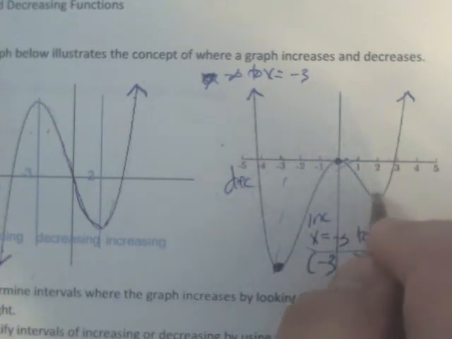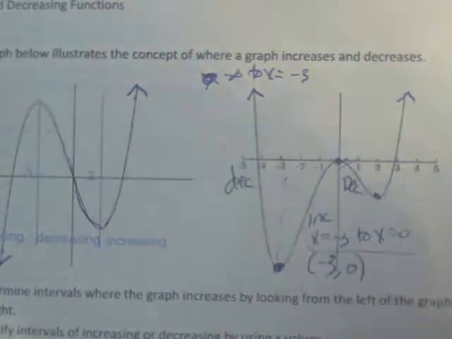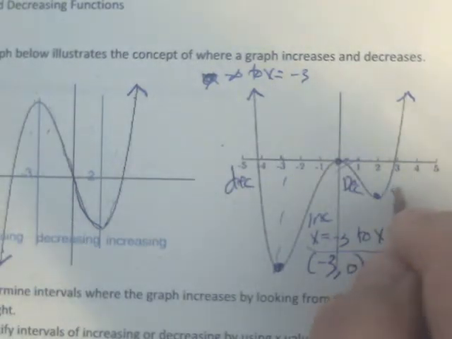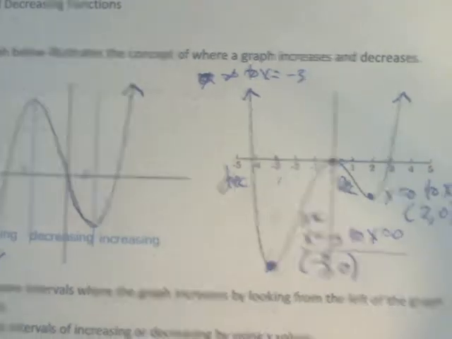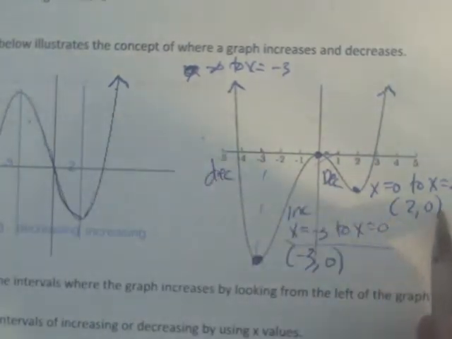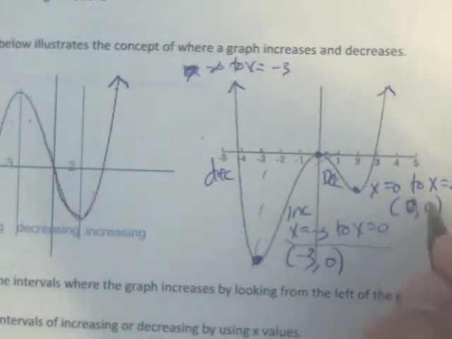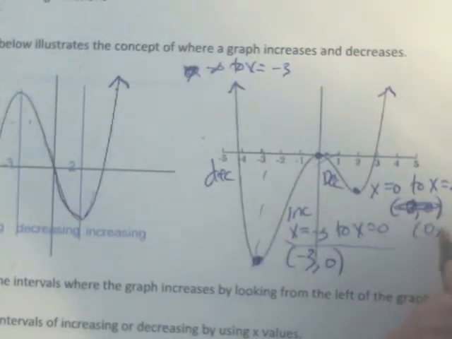So from right here to here, we again are decreasing. We are decreasing from x is 0 to x is 2. And we use interval notation, 2 to 0. Excuse me, how about 0 to 2? Sorry about that.